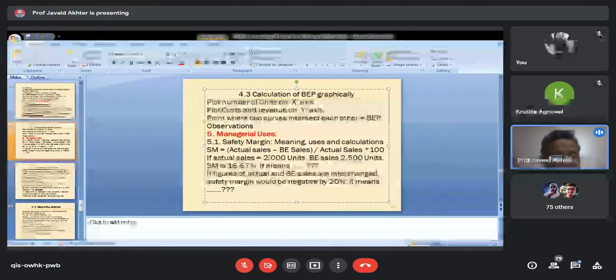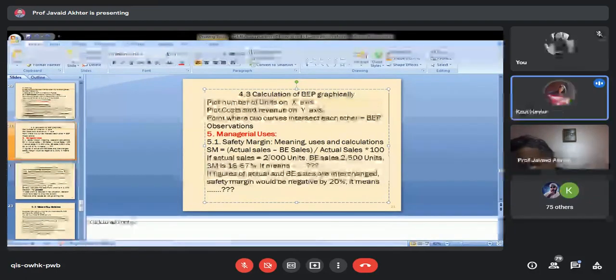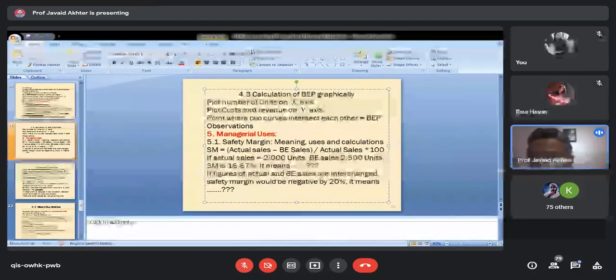Try to draw a graph using these units and then post it in the group. If not now, maybe later I'll explain the importance of calculating. I should have worked it out, but I had no idea that the discussion would go up to this stage. Otherwise, I would have done it myself. So do that, and we will discuss it thereafter. For the time being, we can take up the next slide, unless you have any other question related to what I have just said.